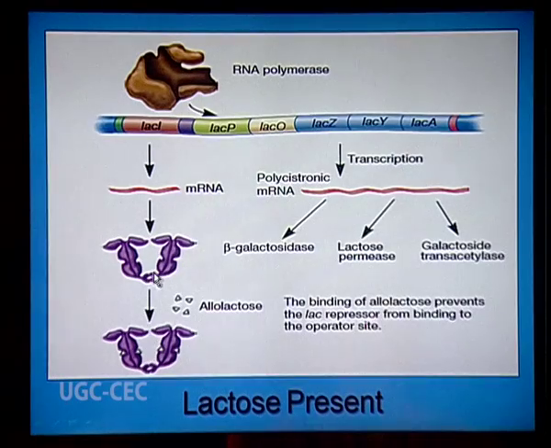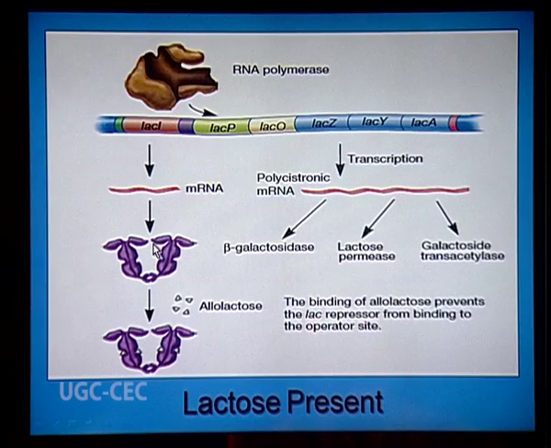Next, what happens in the cell when lactose comes into the environment via the lactose permease? Herein, we will see that lactose gets isomerized into allolactose, which acts as an inducer. It binds to the repressor and changes its three-dimensional conformation, and as a result, it no longer binds to the Lac operator.